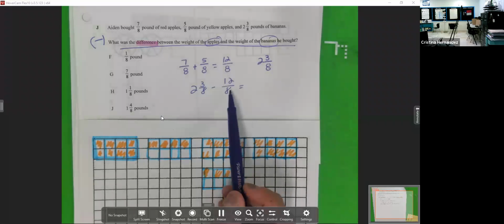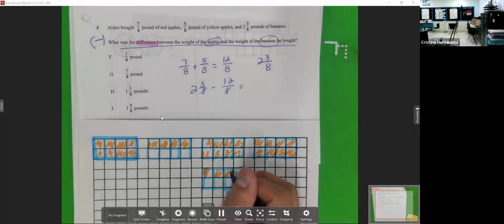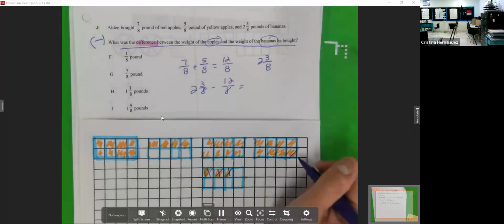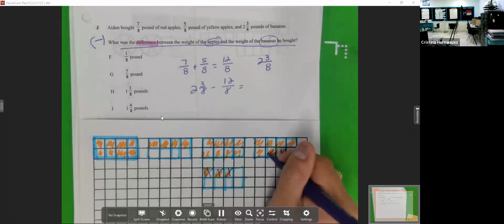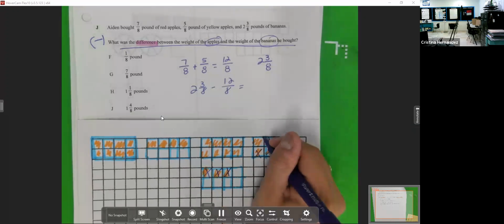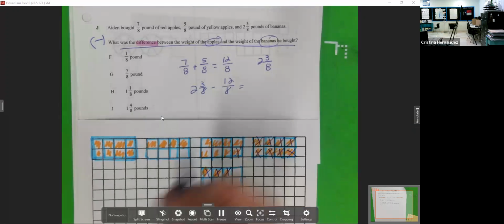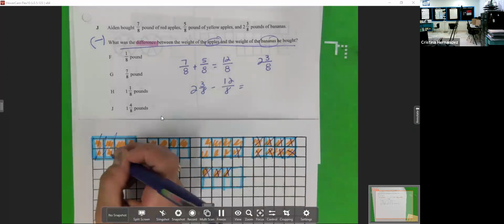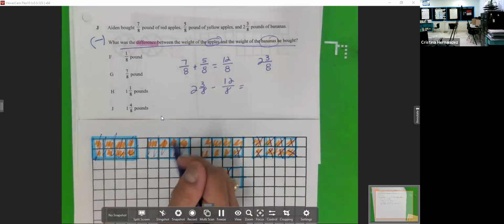So Natalie says we're taking away 12/8 from there. So let's take away 12. 1, 2, 3, 4, 5, 6, 7, 8, 9, 10, 11. We did not need this picture.